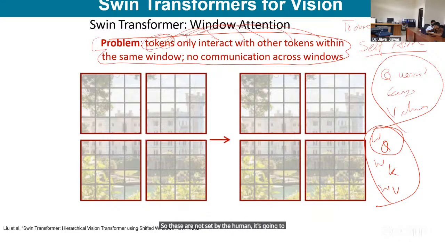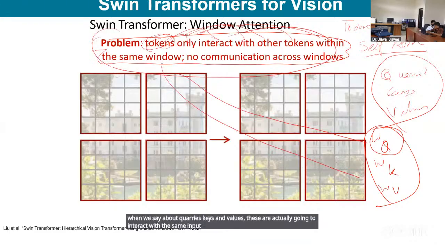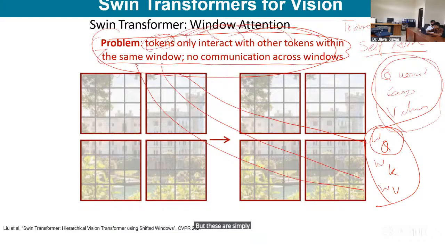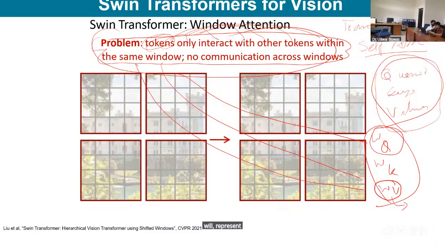When we talk about queries, keys, and values, all three interact with the same input. That's why it's self-attention. Although these are standard names from mathematics, they are simply three sets of weights. One of them represents the value of each word, meaning whether the word is important.